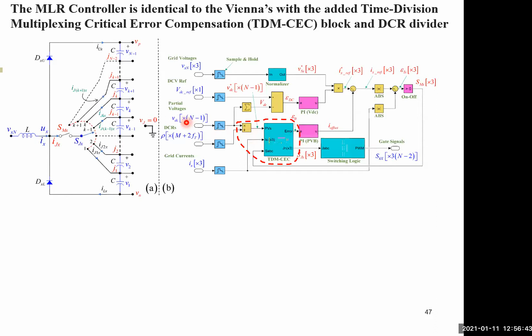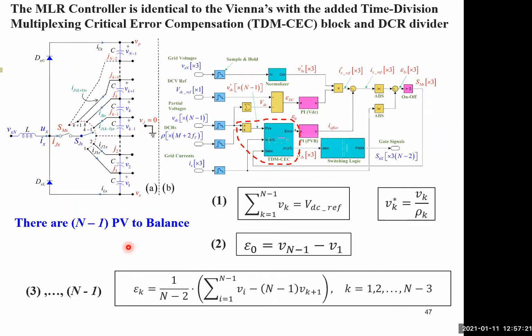The first one simply takes the partial voltages and divides them by the required normalized DC voltage ratios to get the unbalance that we want at the output. The TDM-CEC block will measure all voltages, create a set of errors, and determine which error is in a critical state, meaning that its absolute value is at maximum. According to that decision, it will turn on the proper set of switches to effectively correct that specific error.